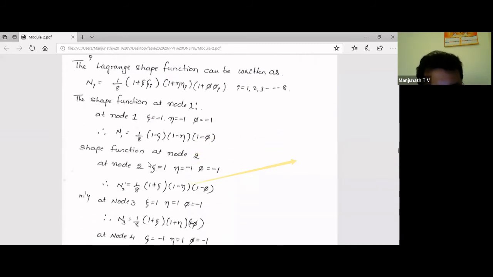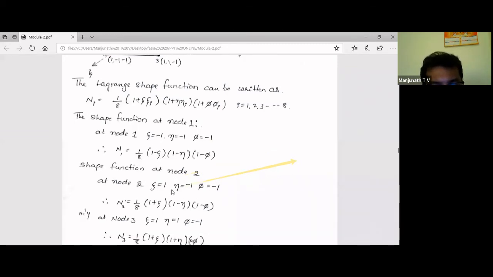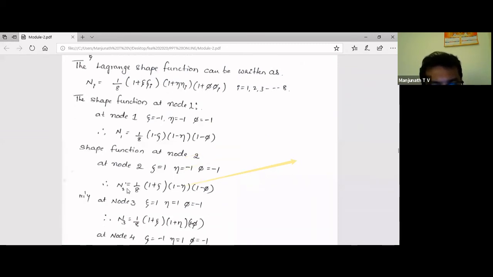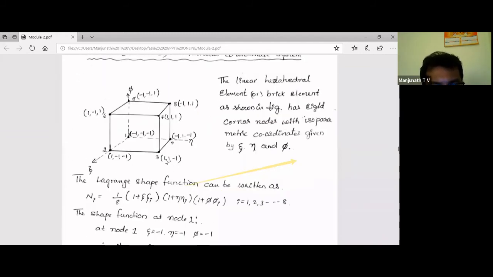Similarly, calculate the shape function at node number 2. Consider the values at node number 2: you can see in the diagram that the zeta value is 1, the neta value is -1, and the psi value is -1. Write these values down and substitute them in the above equation to get the N2 value. Similarly, at node number 3, zeta is 1, neta is 1, and psi is -1.